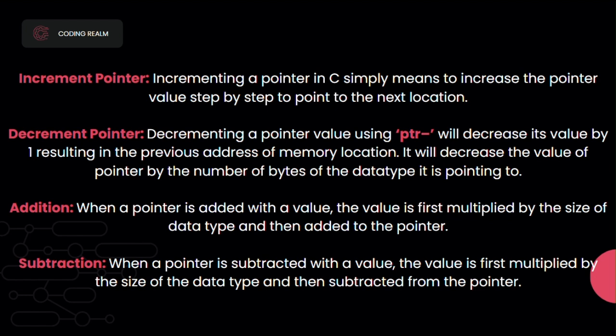When a pointer is added with a value, the value is first multiplied by the size of the data type and then added to the pointer. Subtraction. When a pointer is subtracted with a value, the value is first multiplied by the size of the data type and then subtracted from the pointer. We will see this in the exercise in next videos.